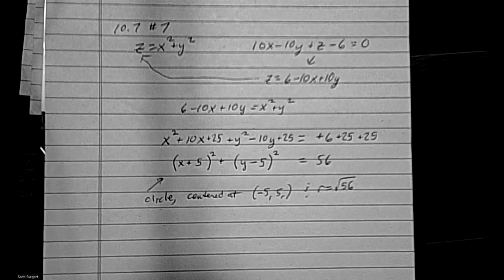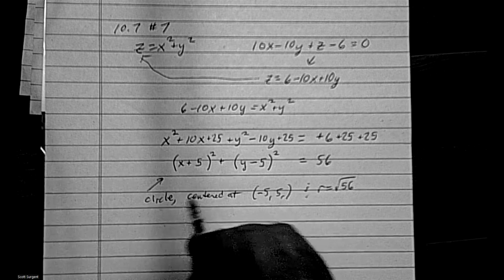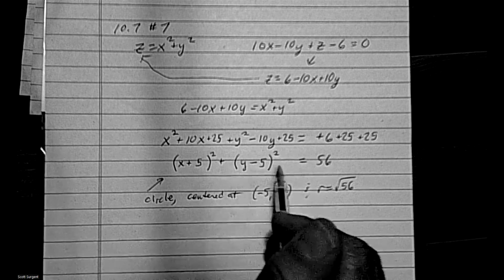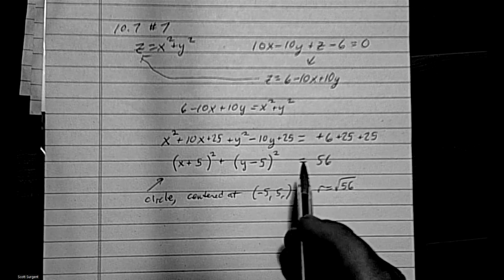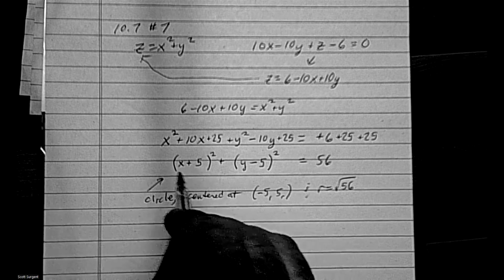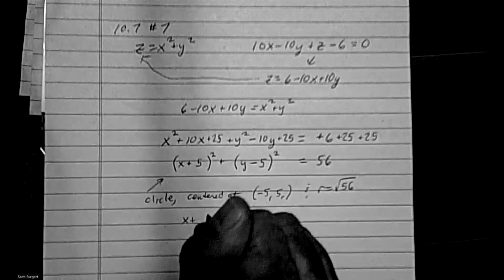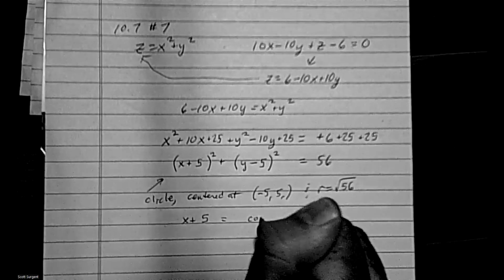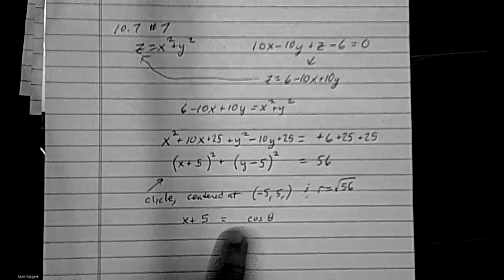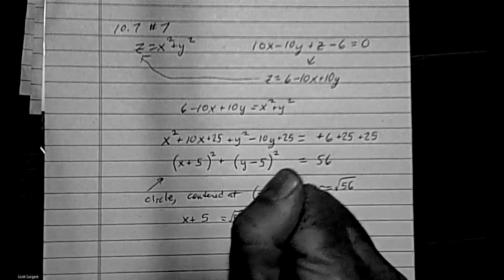Okay. So now it comes time to do the natural parameterization. Normally when you parameterize a circle, you let x be the cosine of theta and y be the sine of theta. But here we're going to include the x plus 5. So x plus 5 is the radius times the cosine of theta, so I pop the root 56 in front.